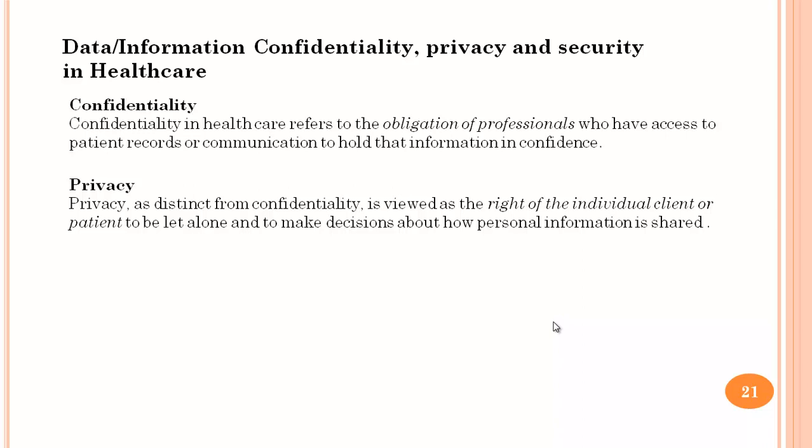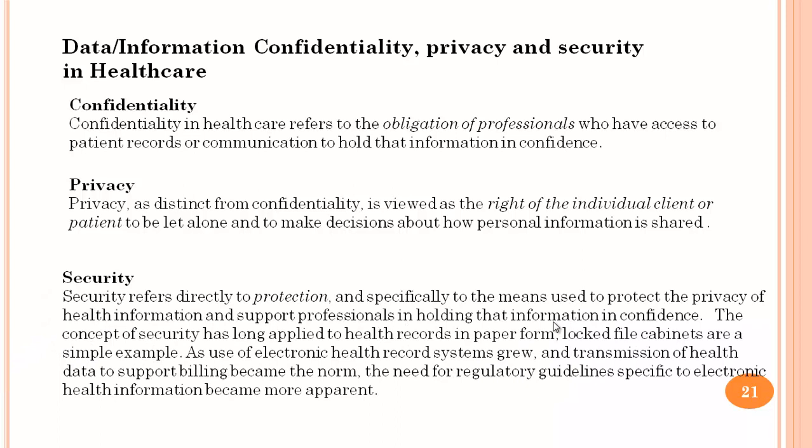Privacy, as distinct from confidentiality, is viewed as a right of the individual client or patient to be let alone and make decisions about how personal information is shared. Security refers directly to protection, and specifically to means used to protect the privacy of health information and support professionals in holding that information in confidence.